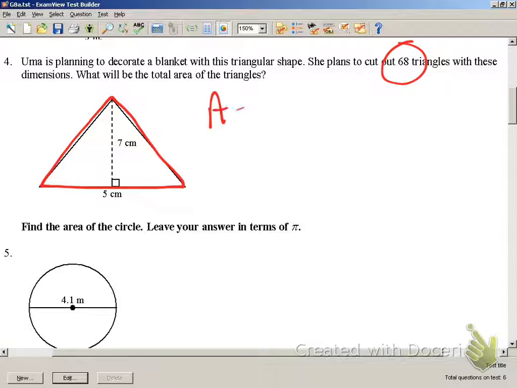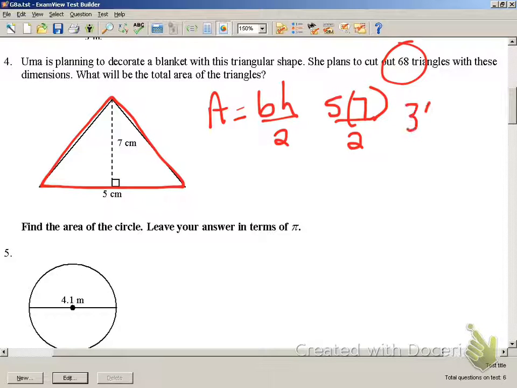So area equals base times height divided by 2. 5 times 7 divided by 2. So that's 35 over 2, which is, nope, sorry. Can't do my math today. 17.5.